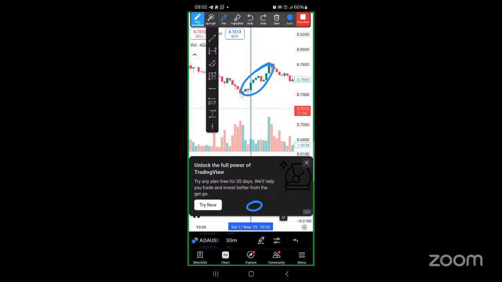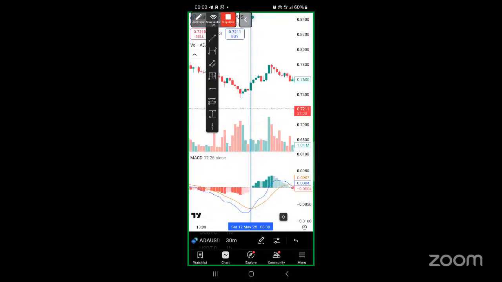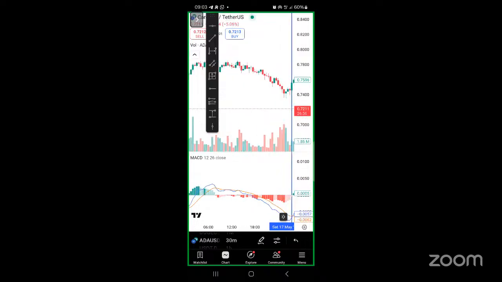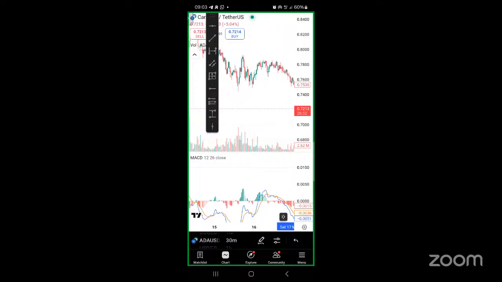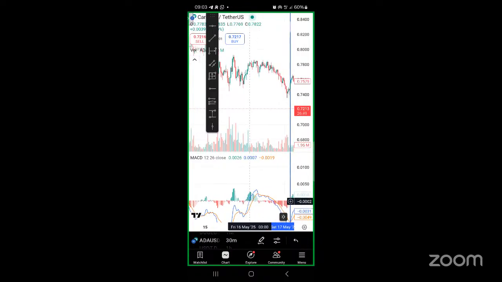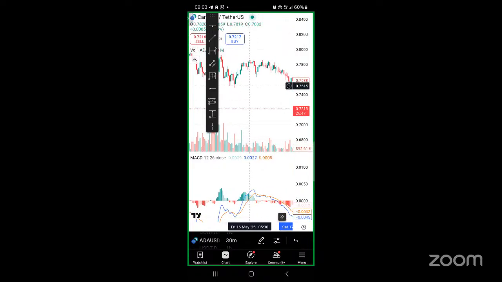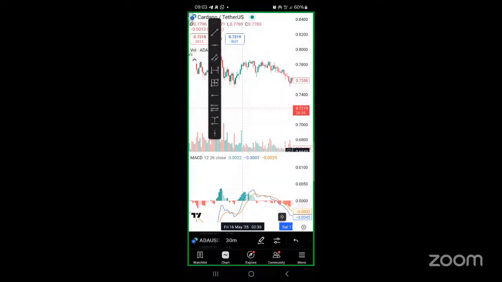We can trace those moments at different points. Let us go a little bit behind. We find another golden cross right here. Excuse me, I had confused you. This one is called a zero line.